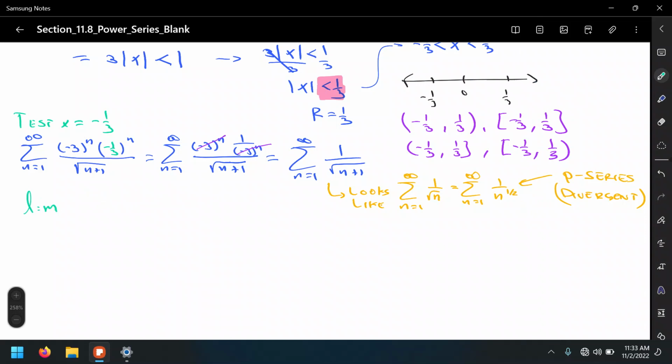That's the limit of the ratio of the original series to the test series. And that's, well, dividing by a fraction is the same as multiplying by the reciprocal. That's limit n approaching infinity, square root of n over the square root of n plus 1. Well, we can group this into one single radical, like we did before.